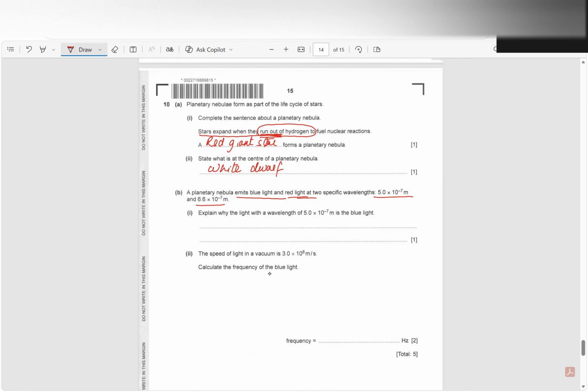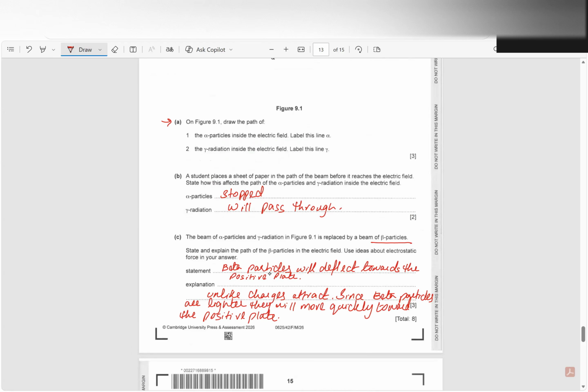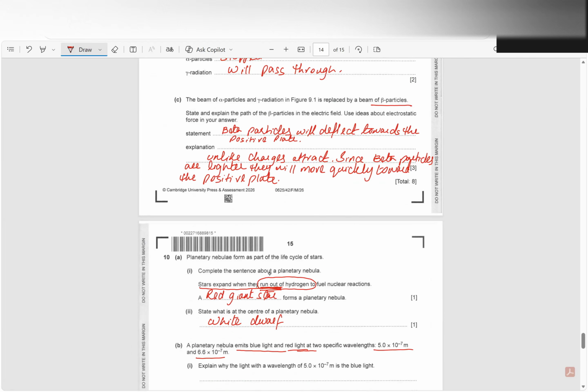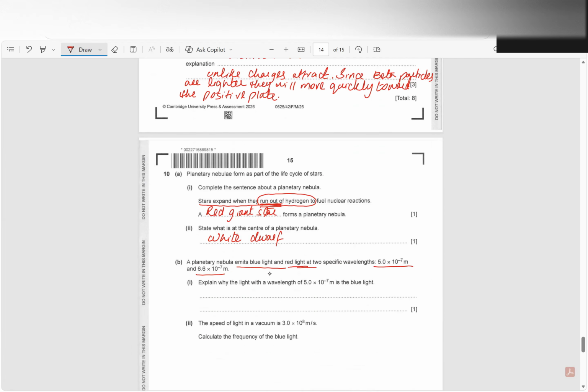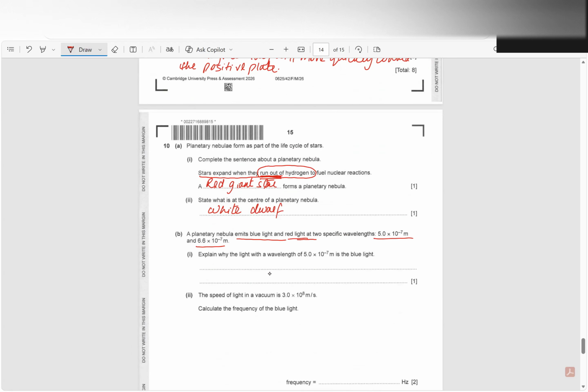It is simple. Whenever we talk about blue light, we need to understand that it is the light which lies in the blue region of the spectrum. It has a shorter wavelength. So this is something we're going to write over here as well. It lies in the blue region. It has a shorter wavelength.